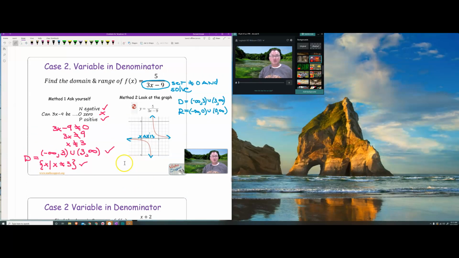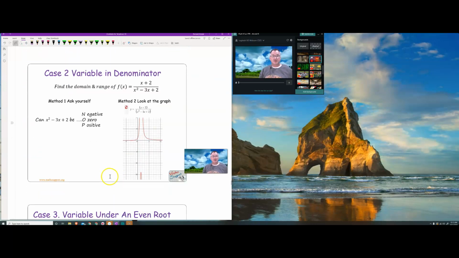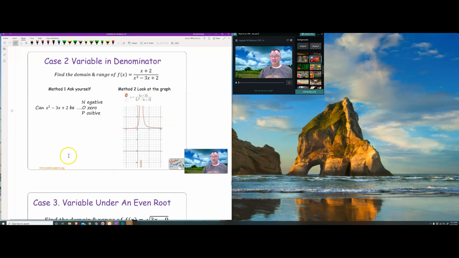Okay, so here again we've got case 2, a variable in the denominator. We have an expression that's got a variable in the denominator. So I ask myself, can this denominator be negative? Now, the x's can be negative. Can the denominator of a fraction be negative?